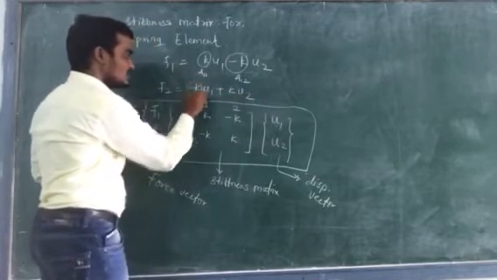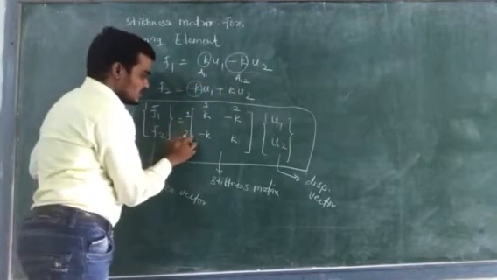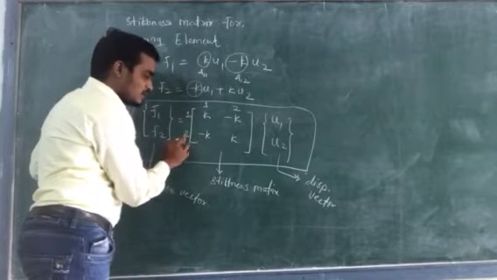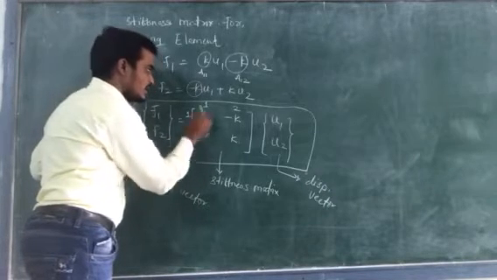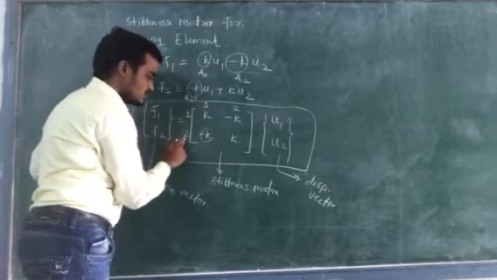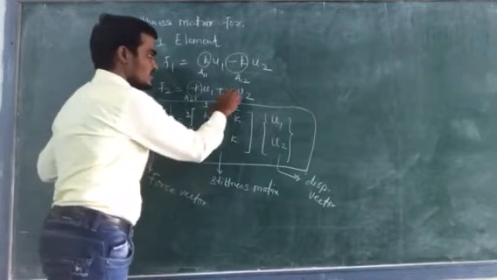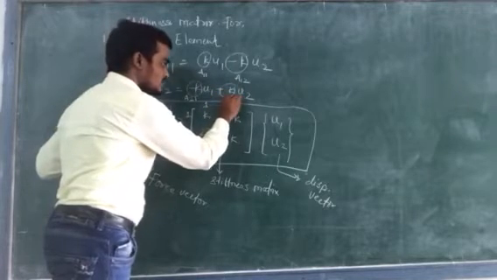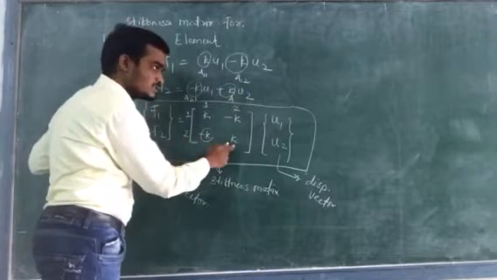Now this k is nothing but your position. We can write the position of this element as second row, first column. Then this element can be written as second row, second column.